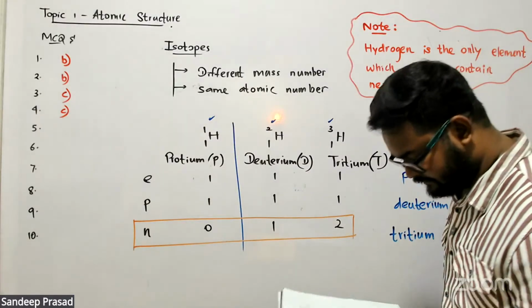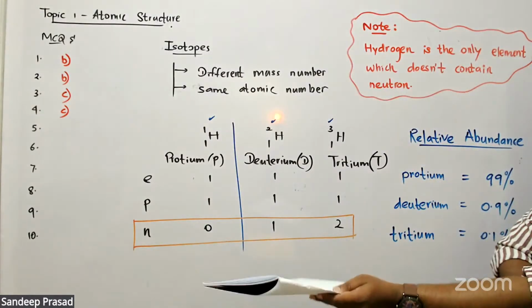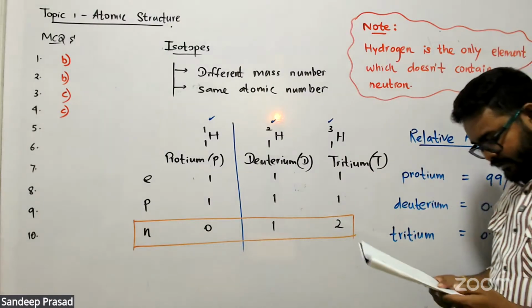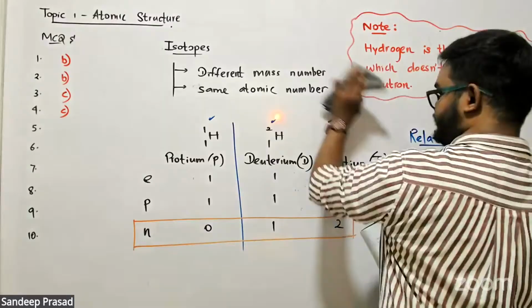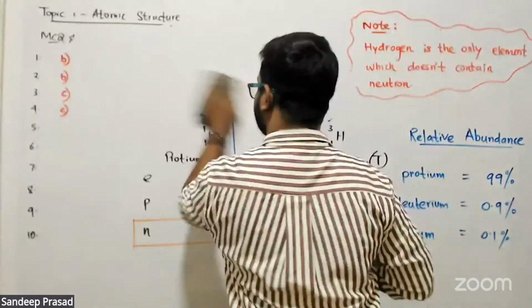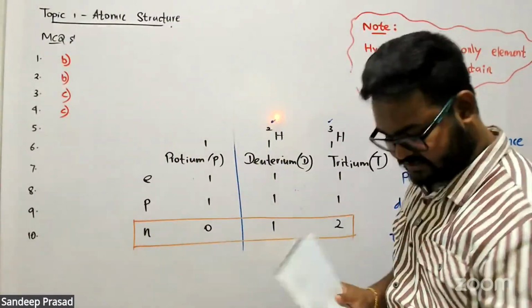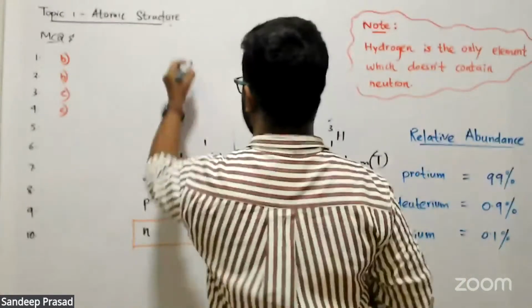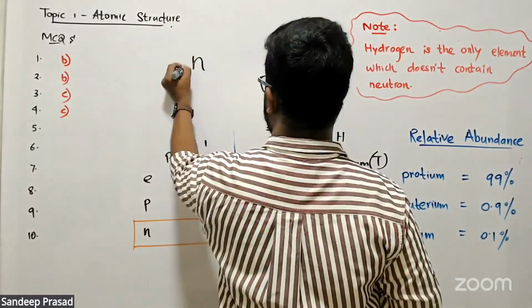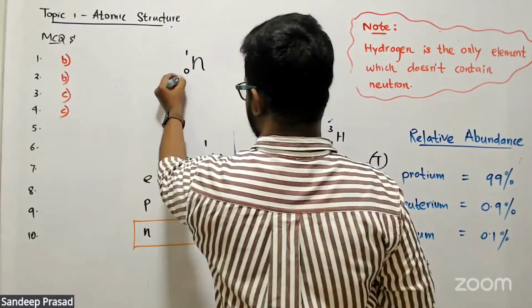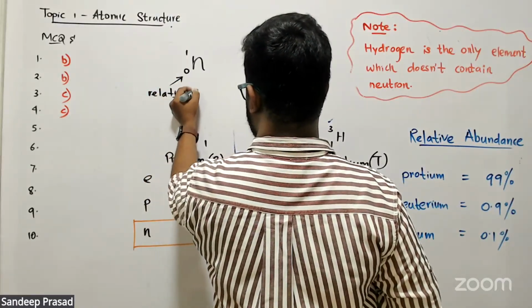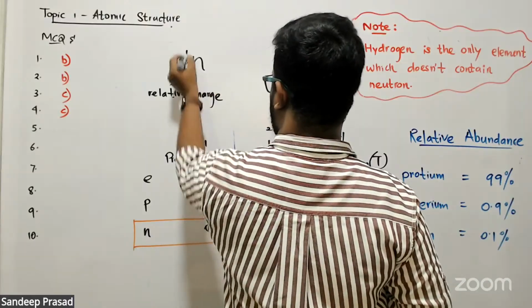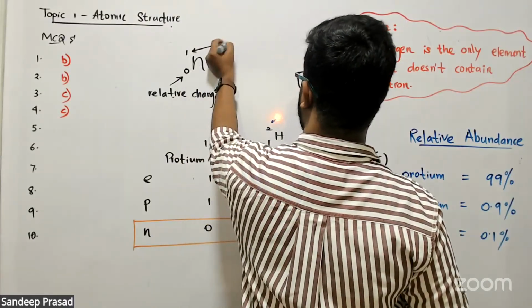So now look at this. The relative mass of a neutron is approximately 1. Because, students, I taught you that the symbol of a neutron is 0 over 1 n. The 0 is the relative charge, and the 1 is the relative mass.